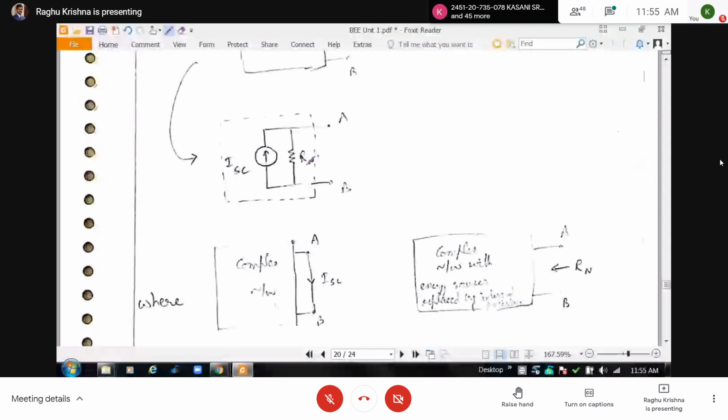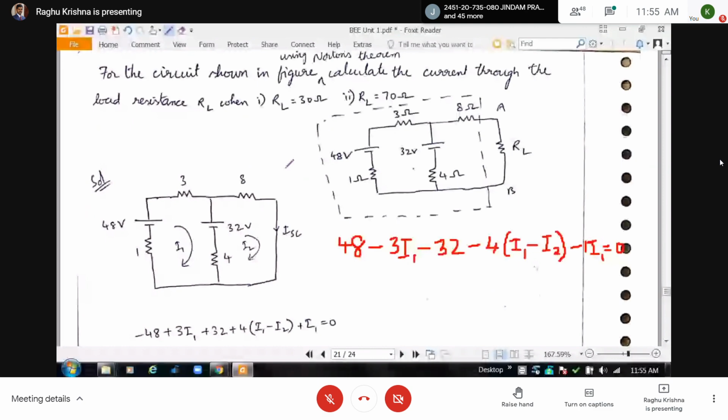So here this is the terminal A, and this is the terminal B. See here, what I have done? I replaced RL with a short circuit, and I am going to find the current flowing from A to B, the short circuit current.